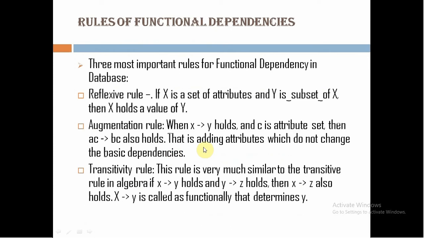That is, adding attributes does not change the basic dependencies. Transitivity rule: if X → Y holds and Y → Z holds, then X → Z also holds.